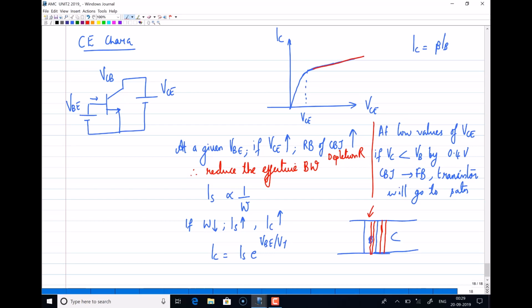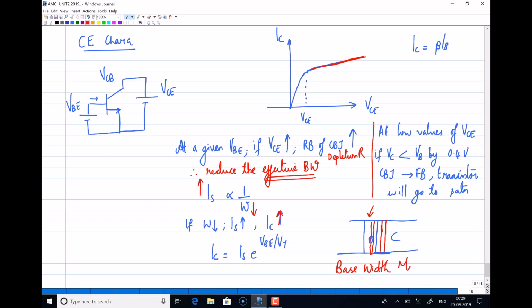As a result, effective base width will reduce. Since effective base width is reducing, the saturation current will increase. That will in turn increase the collector current. That is what you can see. There is an increase in the collector current, right? So this phenomenon is called base width modulation, because the width of the base is actually changing here.